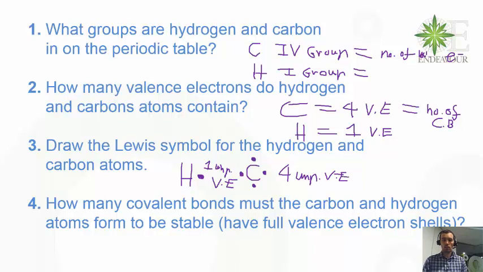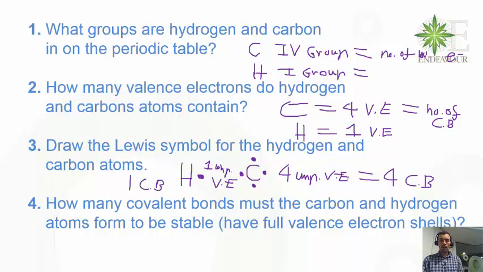So what does this tell us about the number of covalent bonds each forms? Because carbon has 4 unpaired valence electrons, it's going to form 4 covalent bonds. And hydrogen has 1 unpaired valence electron, therefore it's going to form 1 covalent bond.